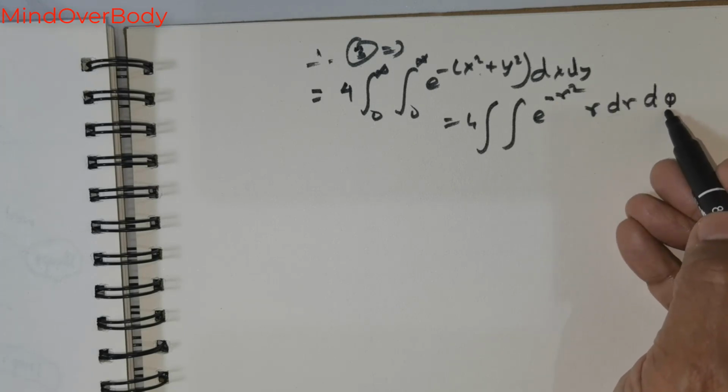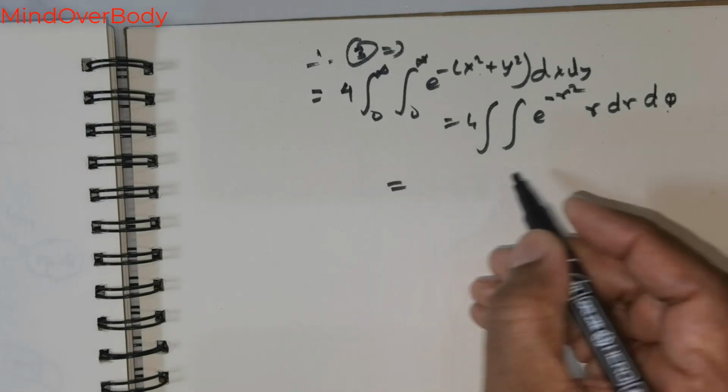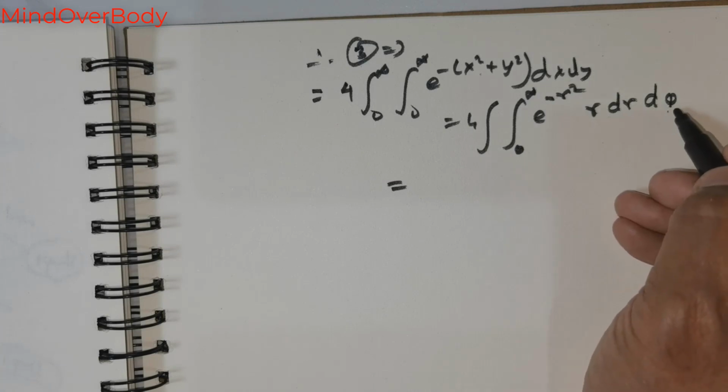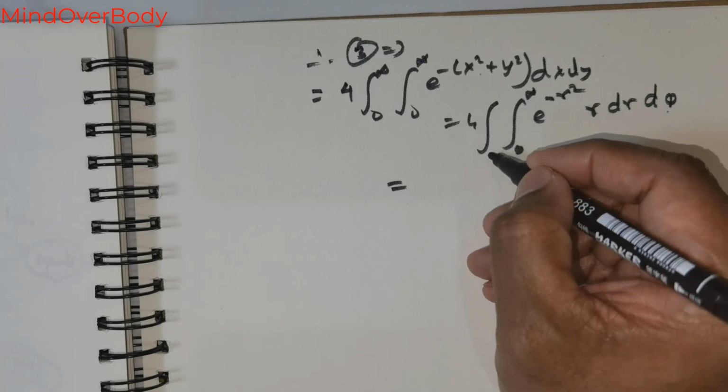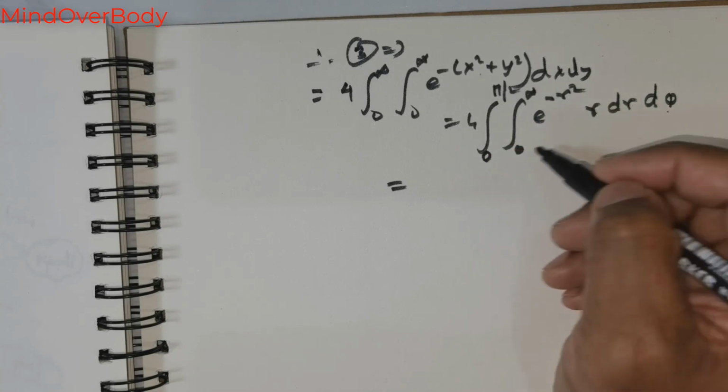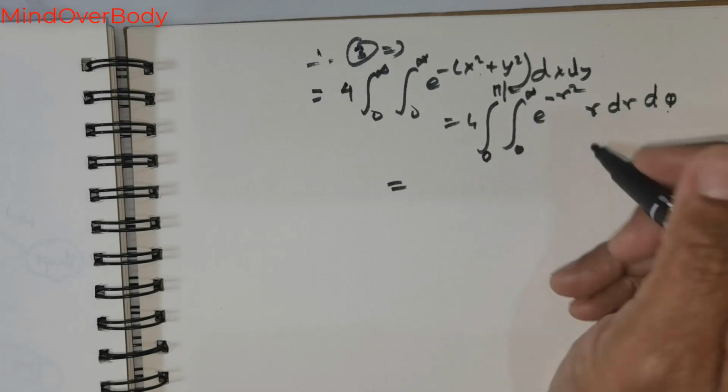Now this is the angular variation. The r limits will be 0 to infinity, but θ is going to move from 0 to π/2. That would be the variation we will have for this integral.